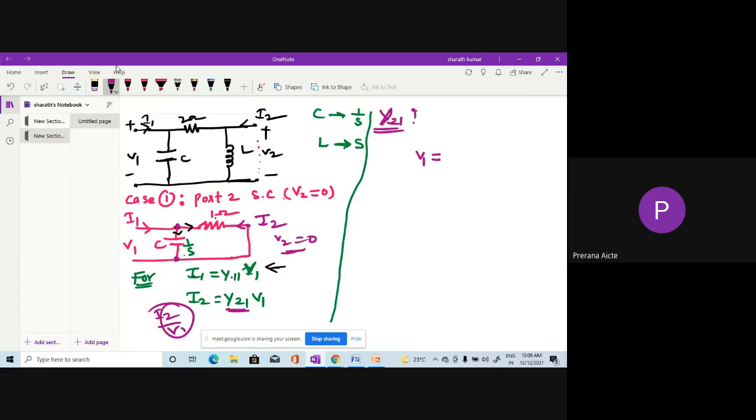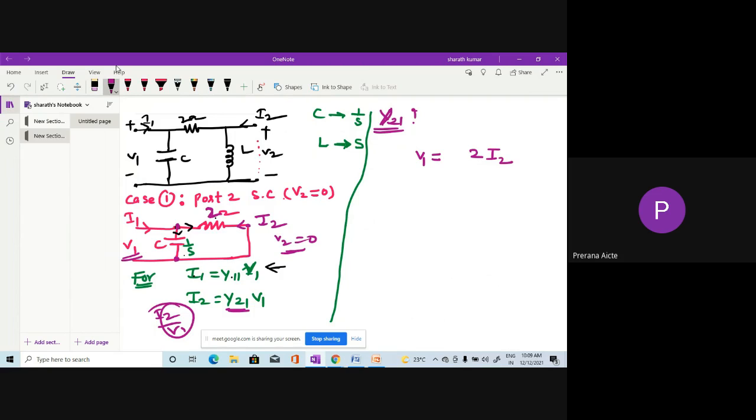See clearly, this branch and this branch are in parallel to this V1. So the same voltage V1 is across this capacitor, and the same voltage is across this 2 ohm resistor. Then we can write V1 is equal to 2 I2.